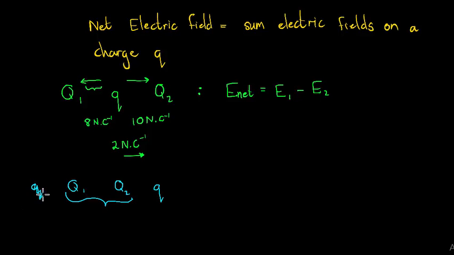It doesn't matter which side, as long as they're on the same side. This time they're working together. If both of them are attracting the unit charge, this one is attracting it and that one is attracting it, notice that now the effect is the sum of the two.